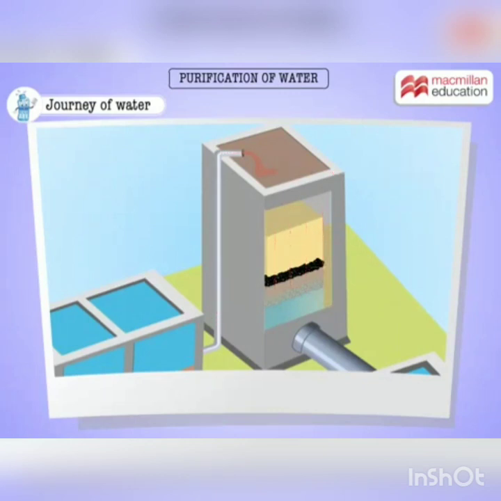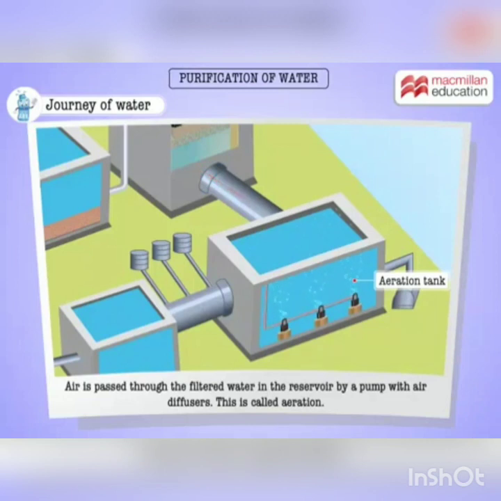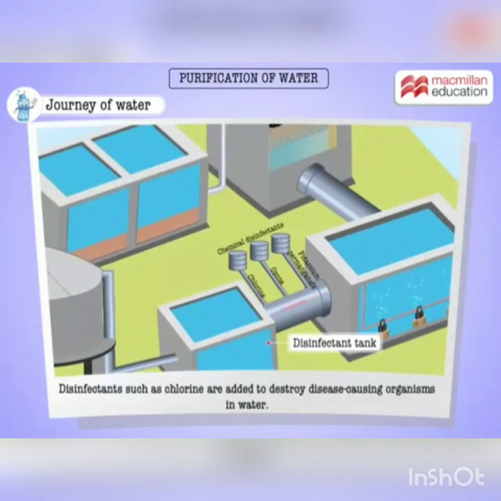The third stage of the purification process is aeration. Air is passed through the filtered water in the reservoir by a pump with air diffusers. The circulation of air reduces the concentration of taste and odor-causing substances. This process is known as aeration. Disinfecting is the final stage of the purification process. In this stage, water is carried from the aeration tank to the disinfectant tank.